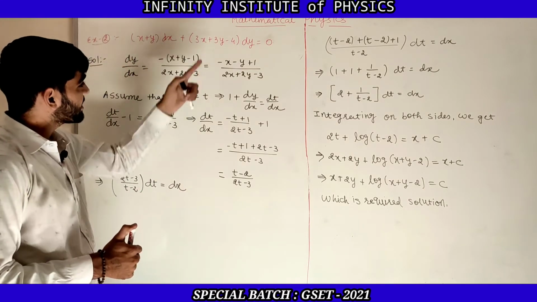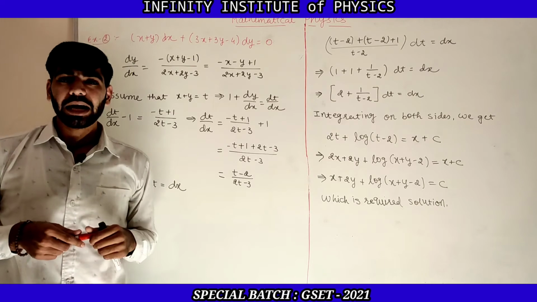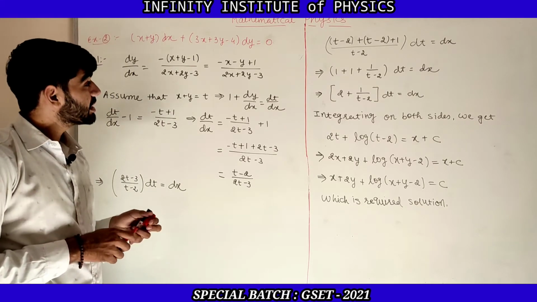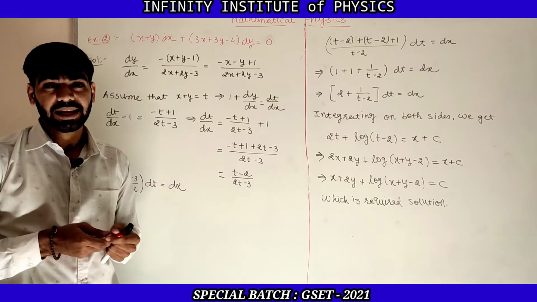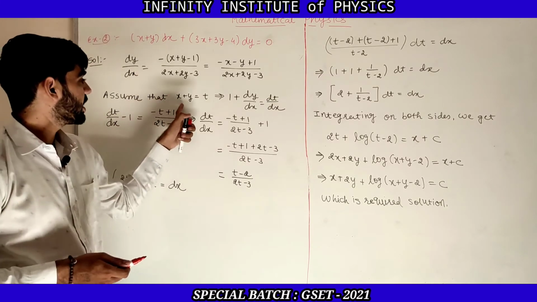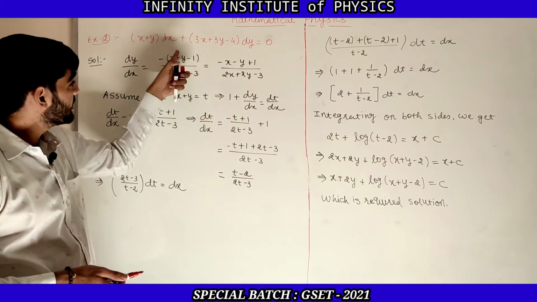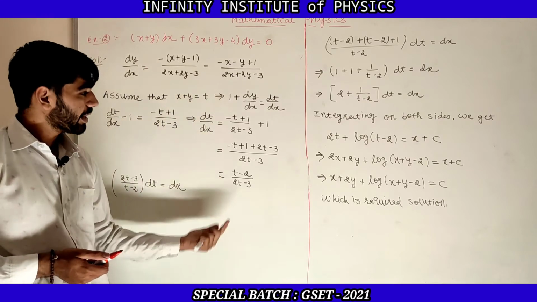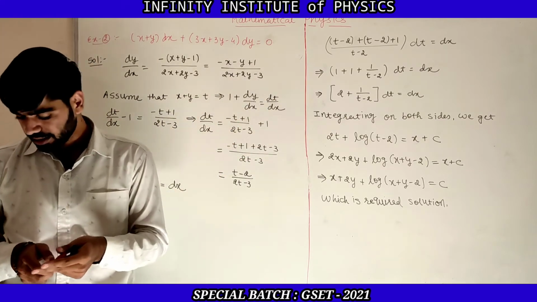Now if you convert this equation into the form dy by dx is equal to m by n, then you will see the ratio will be the same. So in the same way you need to assume that x plus y is t. In this case you also need to assume that x plus y is equal to t, and in that same way you will get the answer.